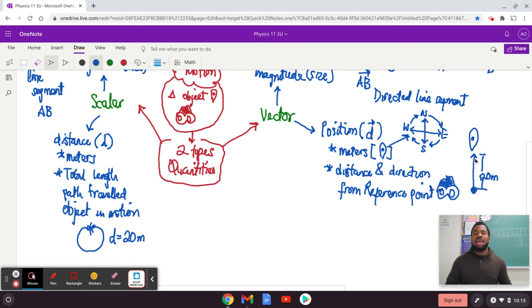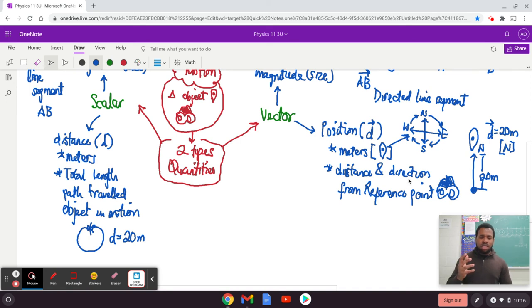And so in this case the head is pointing in the north direction. And so when you rewrite your position, it is represented as d with the arrow at the top, equal to 20 meters in brackets the direction, which, as we see right here, is north, based on this particular diagram.